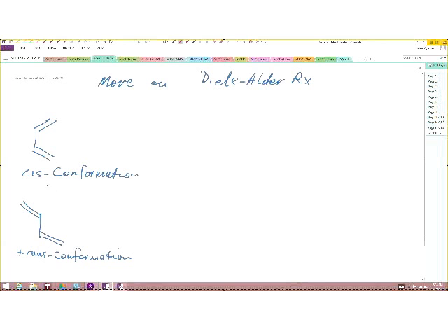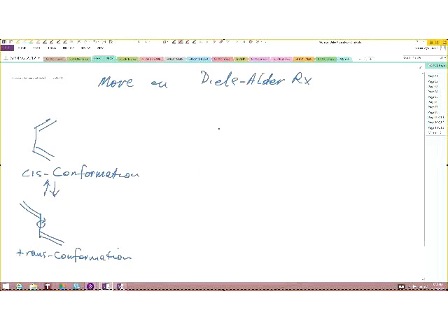In other words, this molecule is in equilibrium with the cis conformation under normal room conditions. It goes back and forth, and the cis is the conformation that will undergo the Diels-Alder reaction. So essentially, we are simply rotating this single bond so that the molecule goes from the trans conformation to the cis conformation.